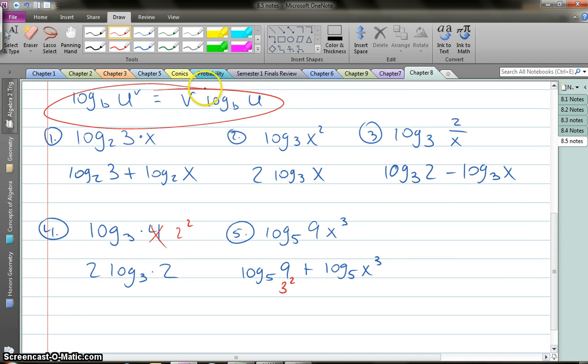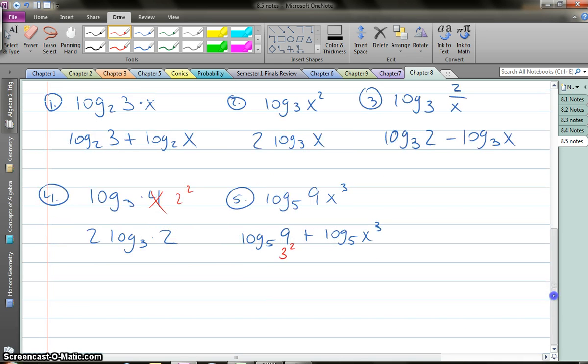We're combining two rules into one. I changed to addition. Now I still need to expand further because they're written as a power. So I get 2 log base 5 of 3 plus 3 comes in front, log base 5 of x. Again, we're expanding, not condensing, going opposite of what we normally think. It's something new. Is this making sense?